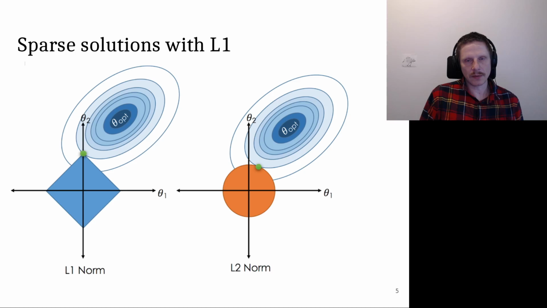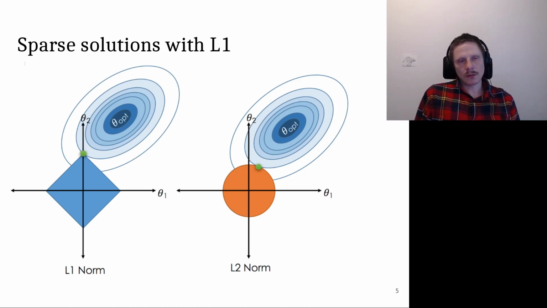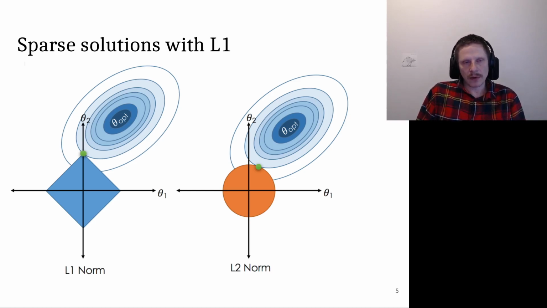So for all the points within this region, orange or blue, the norm of this weight vector is less than 1, if we assume that this is a region of unit norm. And so now, given that we want to stay within this region, we should find a point within this region which has the smallest error.